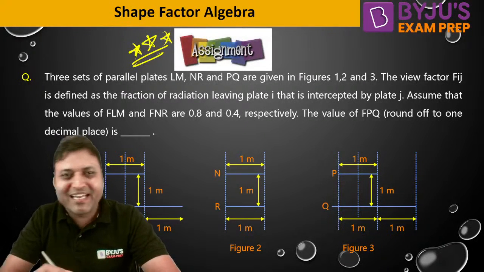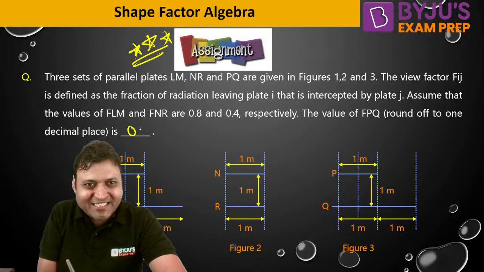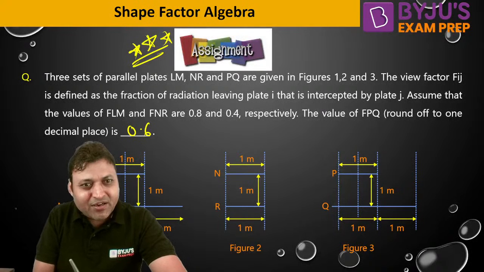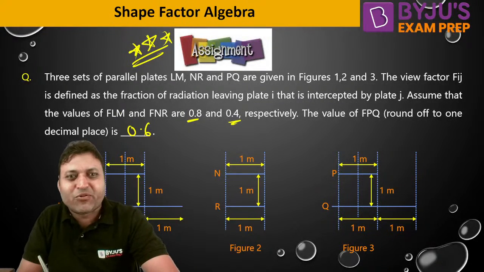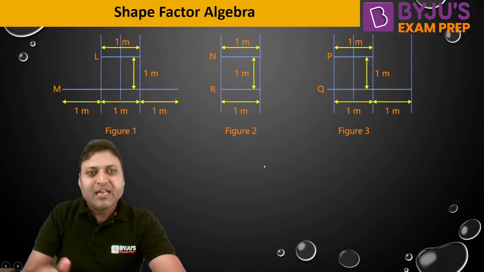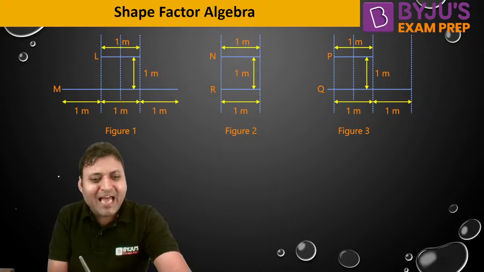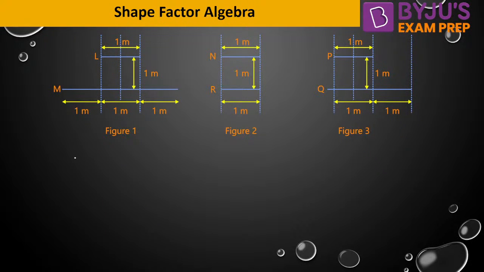The answer to the question is 0.6, definitely 0.6. Look, the shape factor from L to M is equal to 0.8 and the shape factor from N to R is 0.4. Now, from the energy conservation equation, can we write Q L to M? Let us say this is 1, this is 2, this is 3.